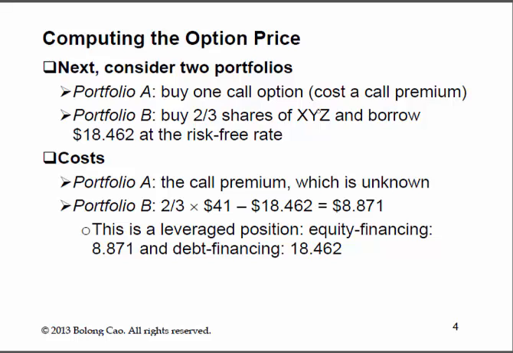Now consider two portfolios. The basic idea here is this. We have one portfolio, called portfolio A, that has one call option. Obviously, we are trying to price that call option. In finance, when we want to price some financial asset, we construct a portfolio that can replicate that particular asset's payoff.